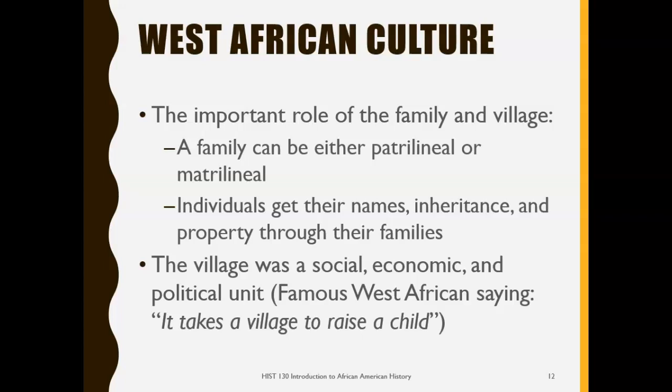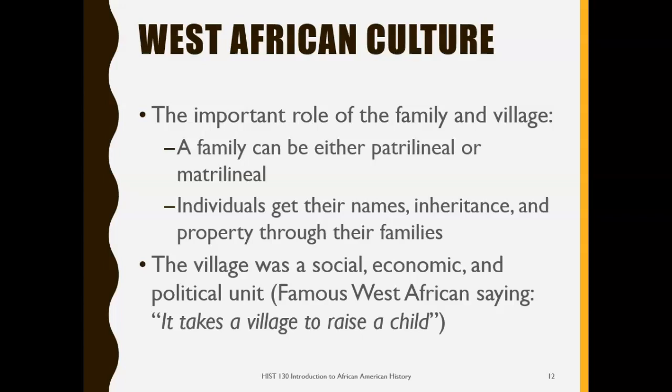But whether the family is patrilineal or matrilineal, individuals get their names, their inheritance and their property, especially the use of land, through the family. So if you live outside the family, you may not have property, you cannot use any land and cannot own any inheritance.